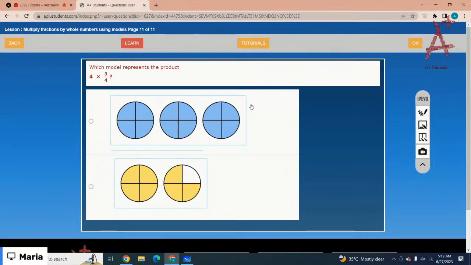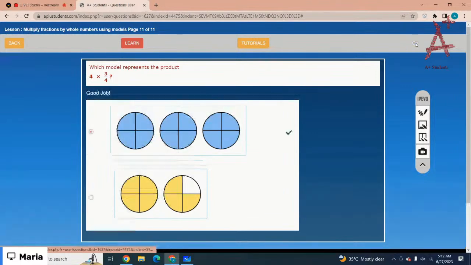Yes, that would be option number 1. Okay, we are done with the lesson. Let's just move on to the next one.